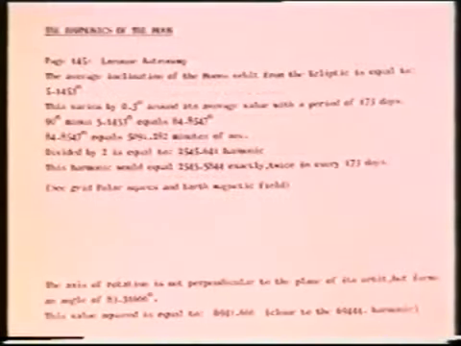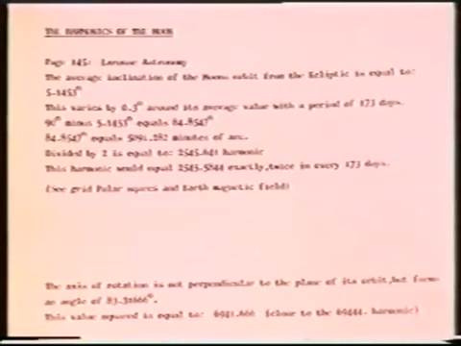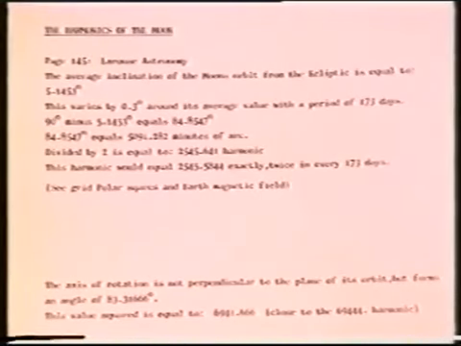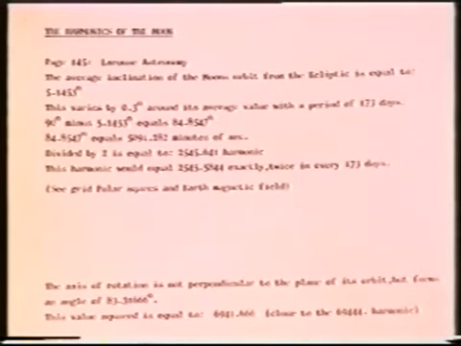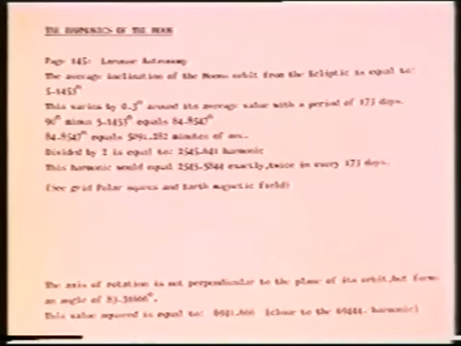This is from Larousse Astronomy, and we're looking at the inclination of the Moon, the axis of rotation, and the mean average distance from the surface of the Earth to the surface of the Moon. If we look at the first one there, that's the average inclination of the Moon's orbit from elliptic is equal to 5.1453 degrees. This varies by 0.3 degrees around its average value for the period of 173 days.